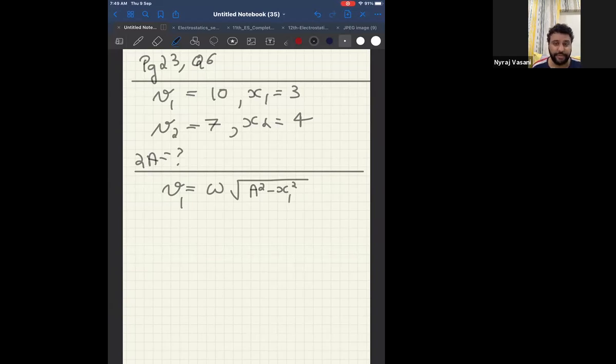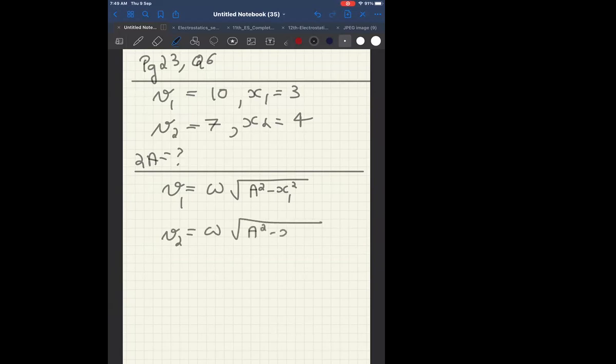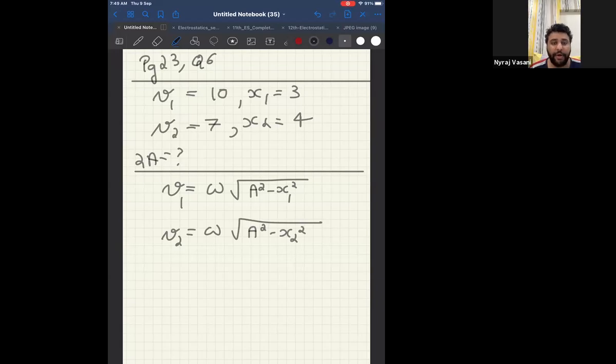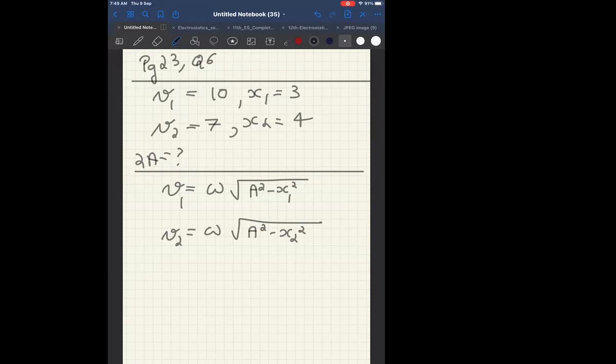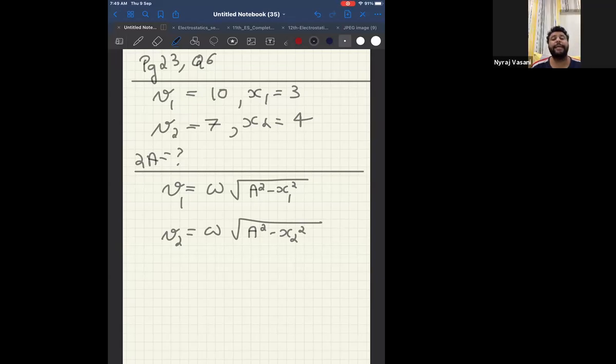Because they have not said it is different. And what is V2? Understood what I did? I did not take omega 1, omega 2, a1, a2. Why? Because in the question they have said only two things are changing, one is velocity and one is displacement. It is understood remaining things do not change.